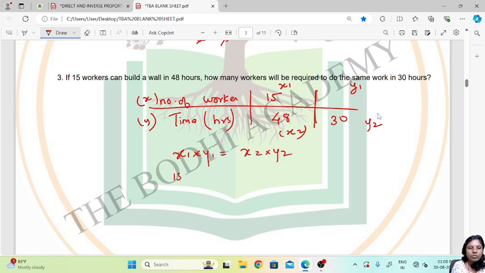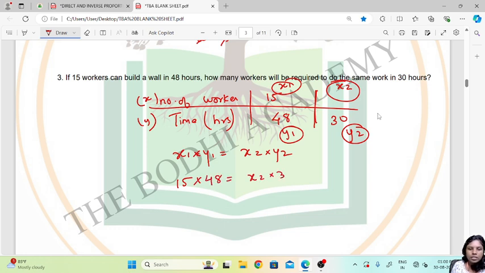We have to be very careful here with the variables. So this is x1, this is x2, this is y1, this is y2. We have to find x2 here. So x1 is 15 into y1 is 48 equals x2 which is unknown into y2 is 30.